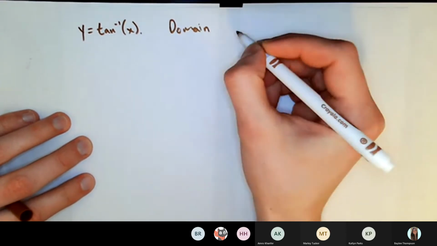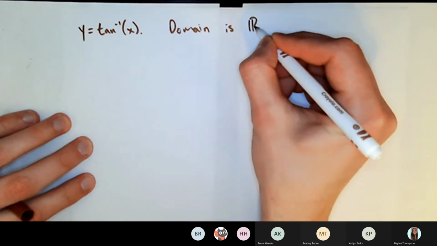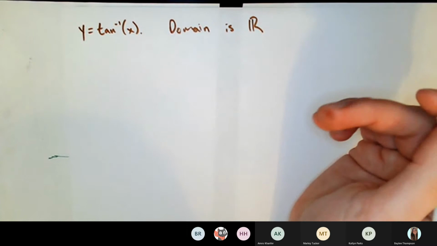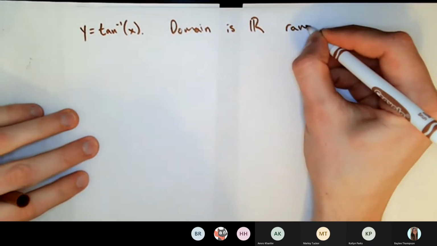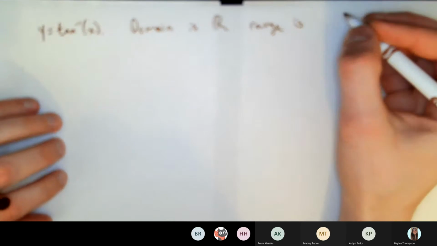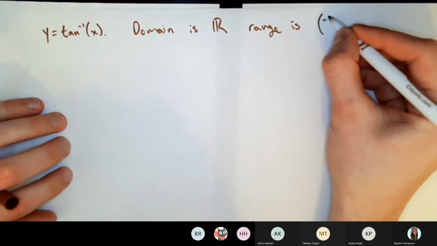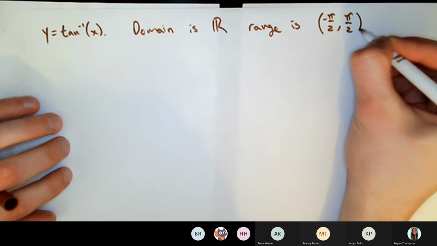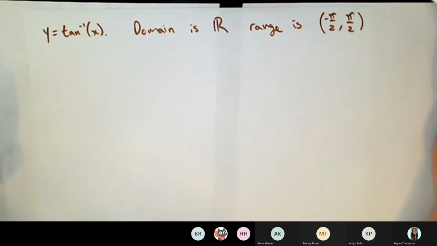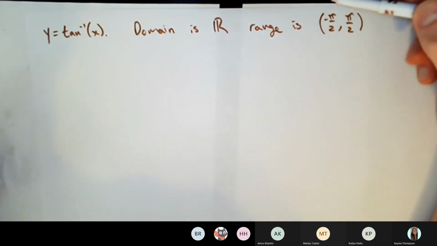Now this one is different, right? The domain of tangent inverse is all real numbers. And its range, though, is restricted very similarly to sine inverse, except we do not include those outer limits or outer bounds of negative pi on 2 and pi on 2. Hence why I'm using parentheses instead of brackets.